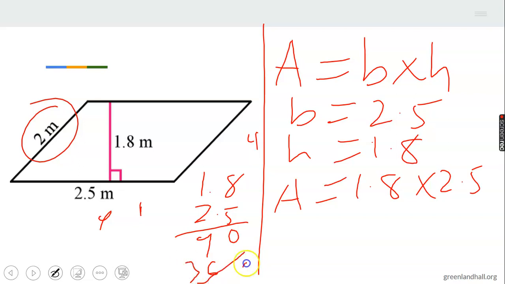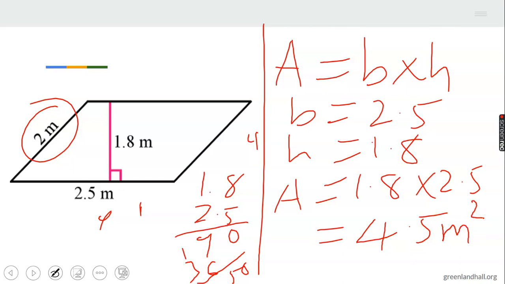That is 4.5 meters square. Let's do it again.